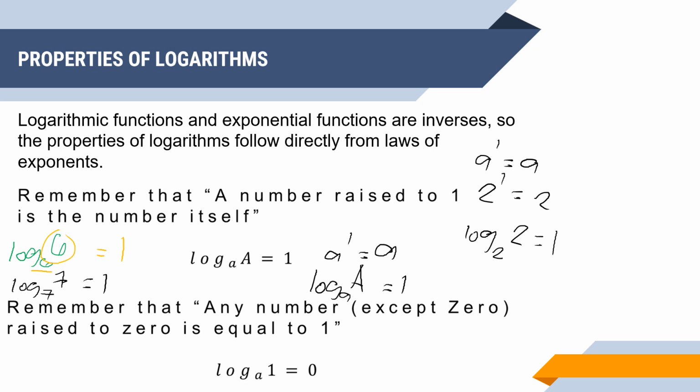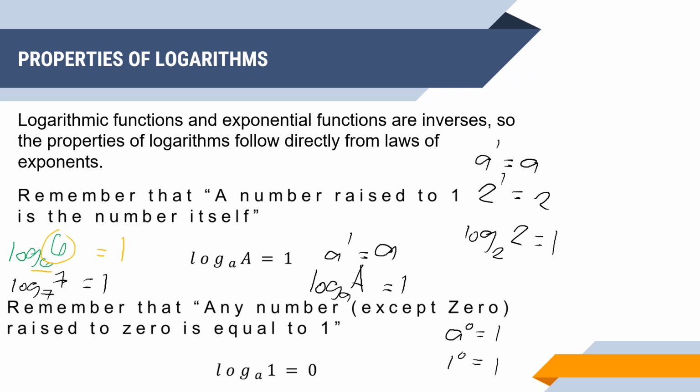Another property: remember that any number, except 0, raised to 0 is equal to 1. So in our exponents, a raised to 0 is just 1, or 1 raised to 0 is just 1. So again, any number except 0 raised to 0 is always 1.